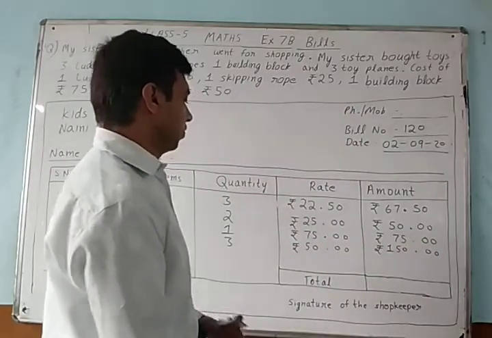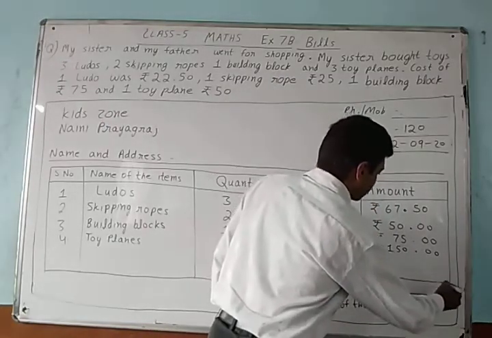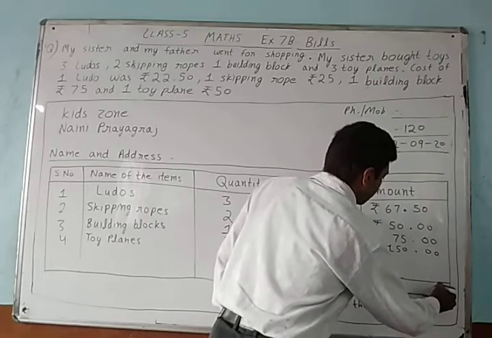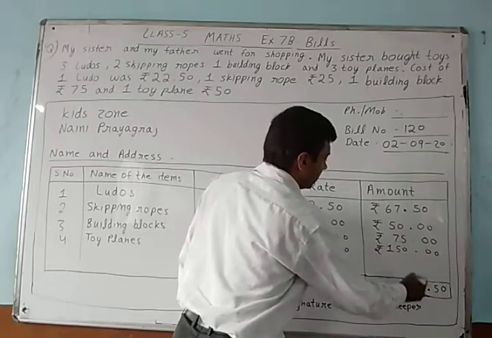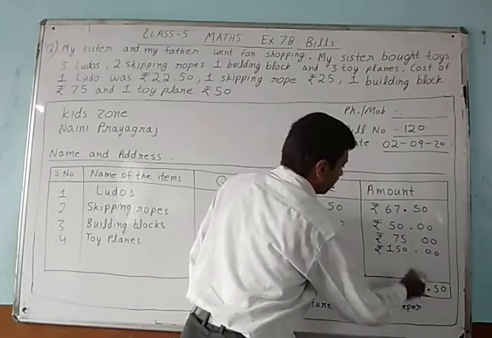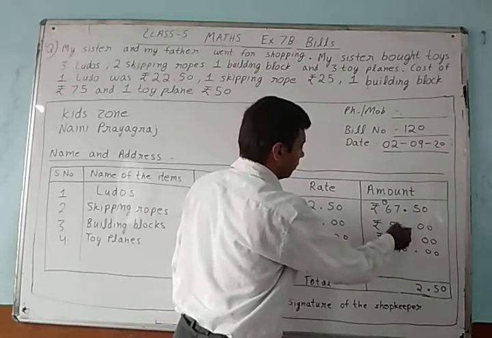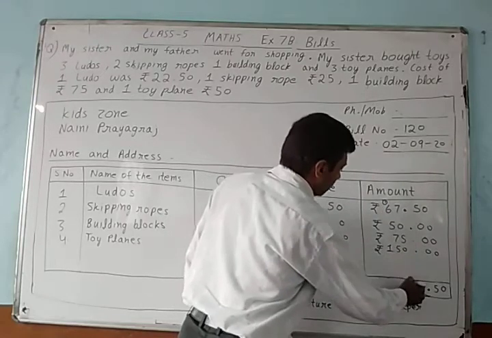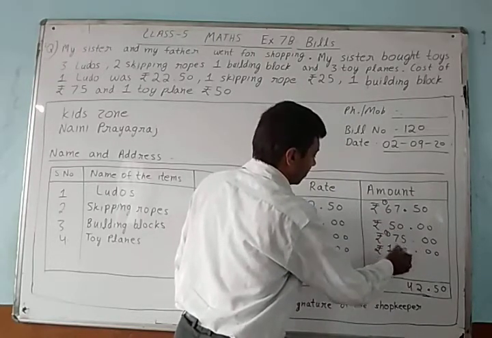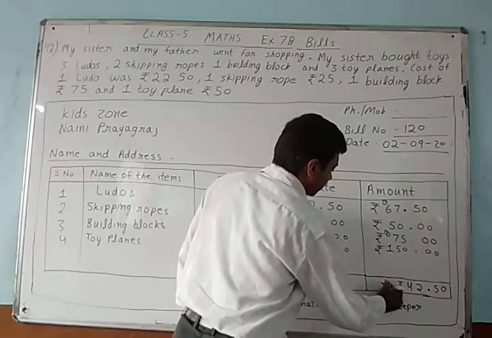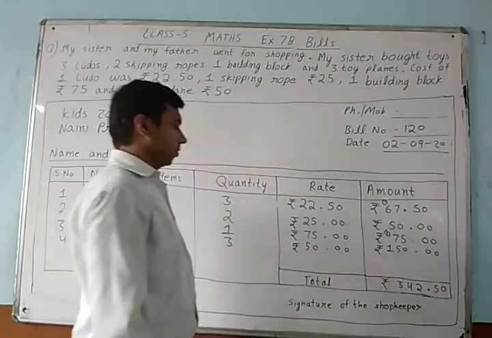Now what do we have to do? We have to add this amount. 0, 5, now 7 plus 3 is 10, plus 2 is 12, 1 carry. 6 plus 1 is 7, plus 7 is 14, plus 5 is 19, plus 1 is 20. So 342 rupees 50 paise.